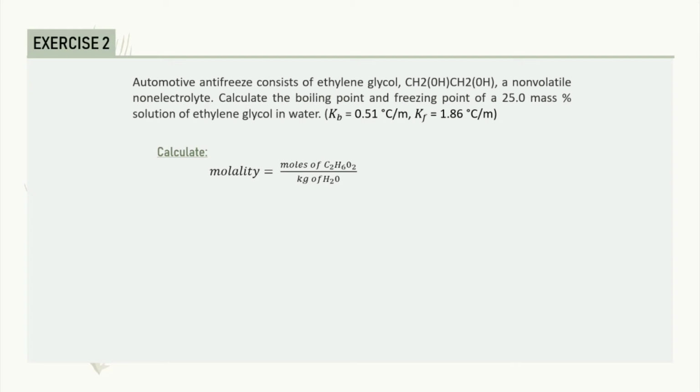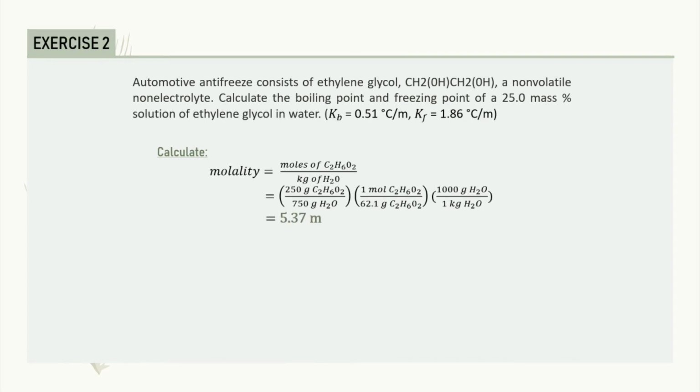But before that, we are going to look for the moles of ethylene glycol and convert the 750 grams of water into kilograms. So 250 grams of ethylene glycol times 1 mole of ethylene glycol divided by 62.1 grams of ethylene glycol, divided by 750 grams of water times 1000 grams of water per 1 kilogram of water.